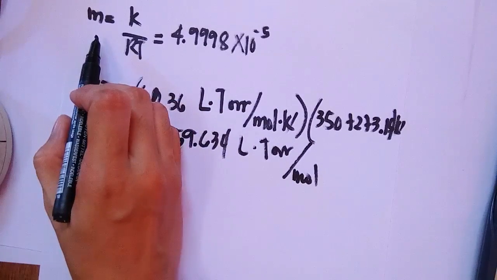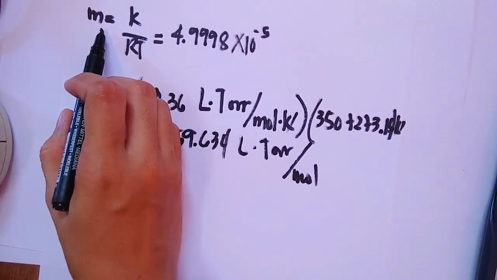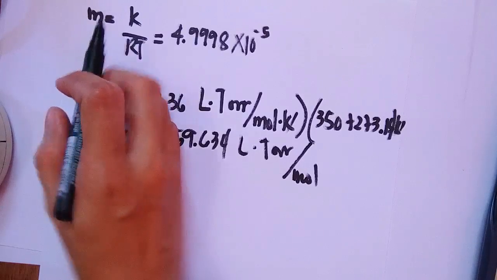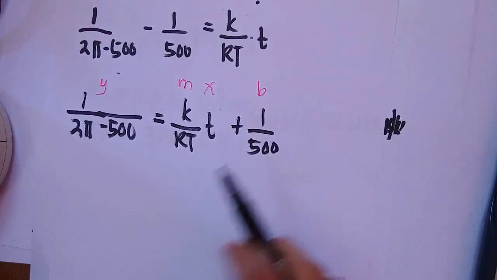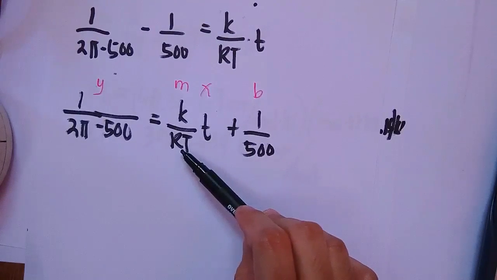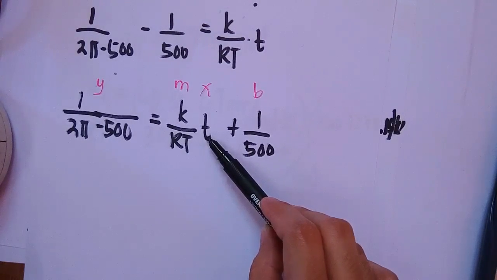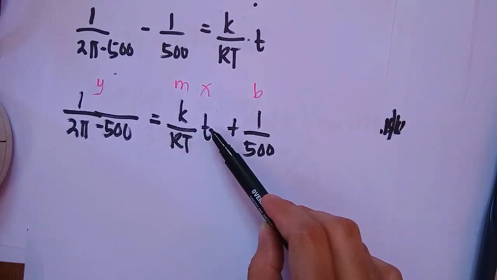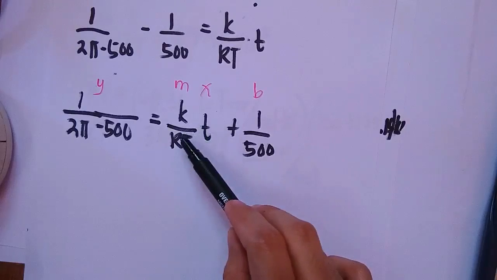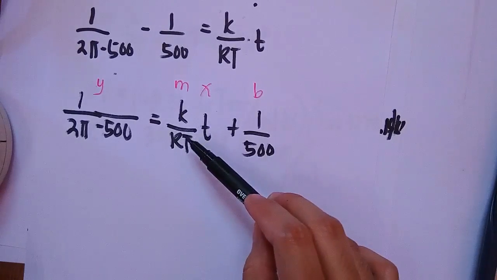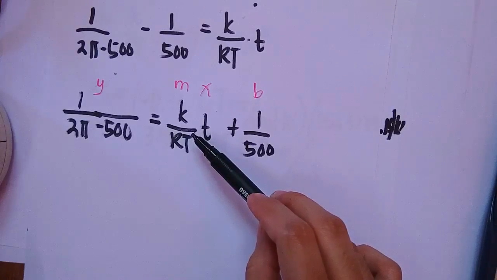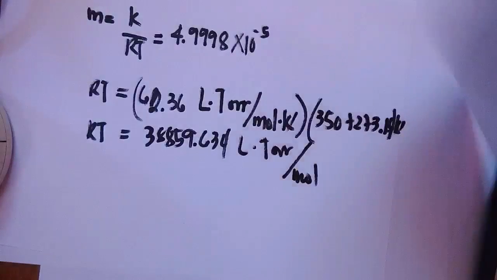Our m, by the way, is per minute because we have k over RT times t, and t is in minutes. So for dimensional analysis, we have to divide our slope by time, so we have the unit per minute.